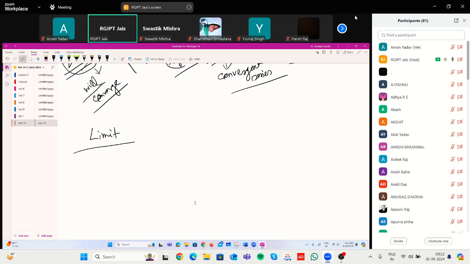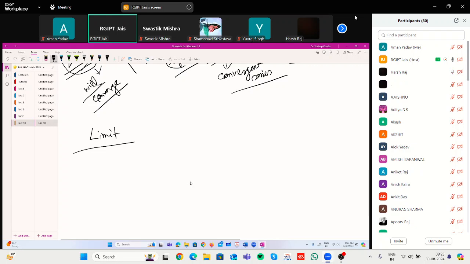So in 12th class, you have studied integration, right? Yes, sir. So how have you calculated the integration? What is the definition? Small areas under the curve, y dx. Yeah, small area under the curve.